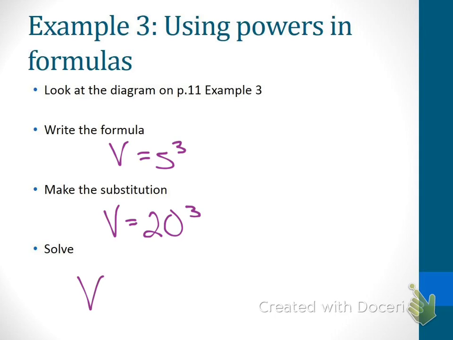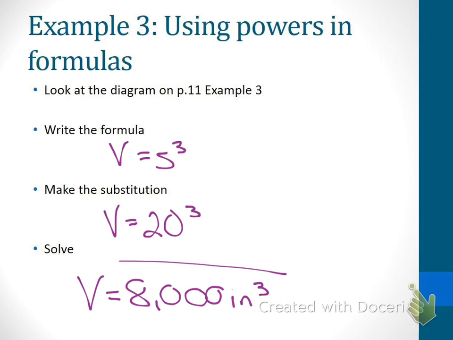And 20 to the third is 8,000 inches cubed. And we have to cube our answer because we found volume. All right, so all we did here in example 3 was we used the formula, we plugged in the numbers, and we solved. All right, any questions? Any questions on using these formulas?